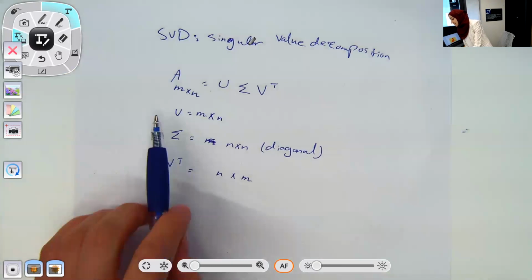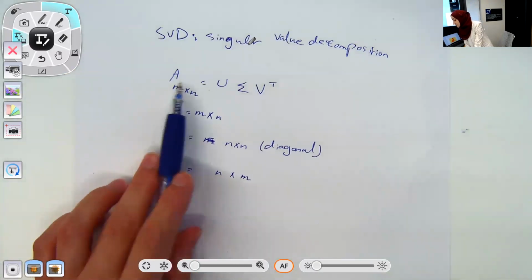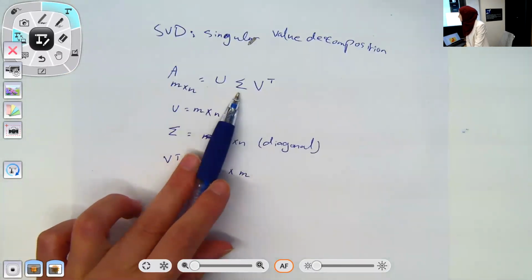In general, the rank of matrix A depends on the rank of the matrix sigma.